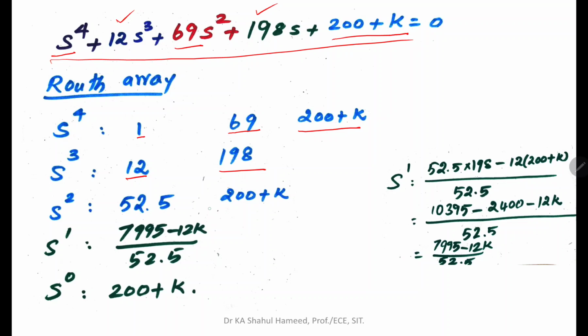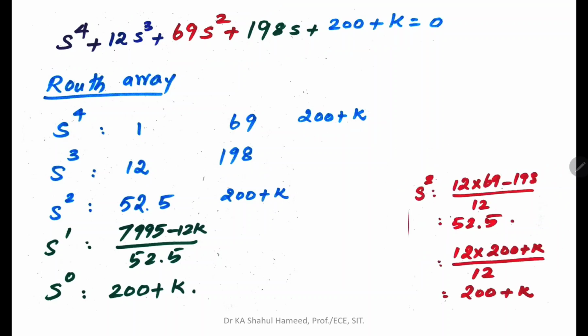Now I have to form the third row. The third row can be formed by 12 into 69 minus 198 into 1, divided by 12. When we calculate, we get 52.5.